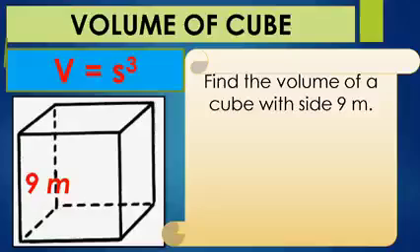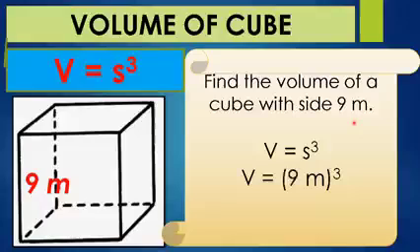Let's say for example, a given measure is 9. Find the volume of a cube with side 9 meters. Again, the process is still the same, okay? Kung paano natin i-work out yung area and surface area. First thing to do is to jot down the formula. That is V is equal to S cubed. After this, we need to substitute, okay, the value of our S, which in this case we have here 9 meters.